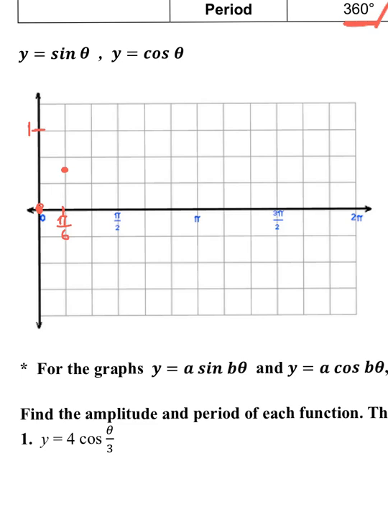At pi over 4, according to my unit circle, it's root 2 over 2. If I type that into my calculator, root 2 over 2 is about 0.707. I'm going to approximate it right around here.